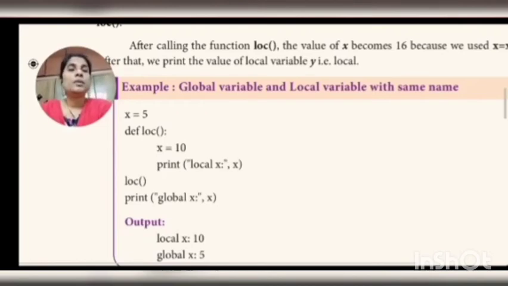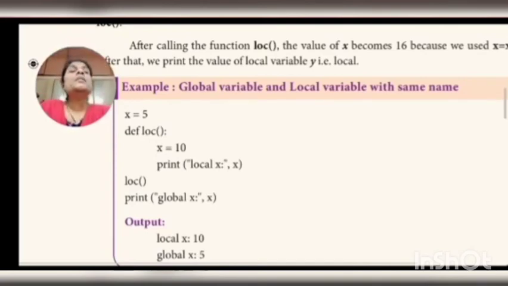Here we have x equal to 10. Then we have a print statement, in which local x will be displayed as it is and the value of x will be displayed. What value will be displayed here? Will 5 be displayed or 10? What do you think?